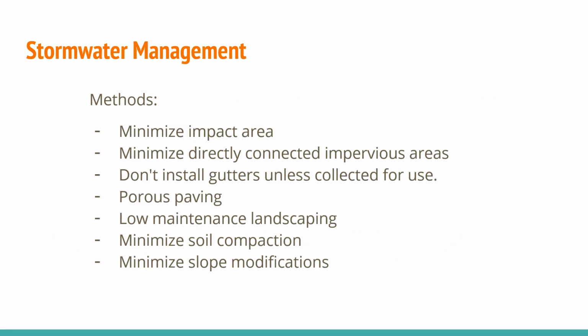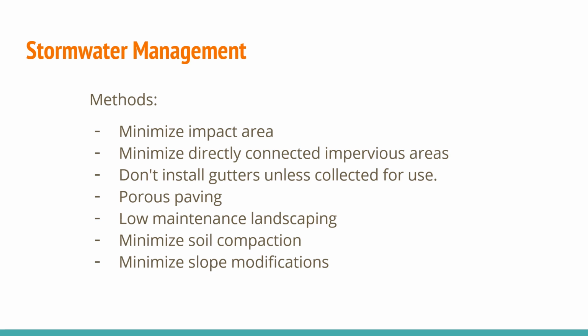Now, with stormwater management, we have a couple methods. We want to minimize the impact area, that is, minimizing the amount of surfaces we're covering in impervious materials. We're minimizing the amount these impervious areas are connected, and we're looking to prevent gutters and other things that would directly impact the flow of water from its natural cycle.